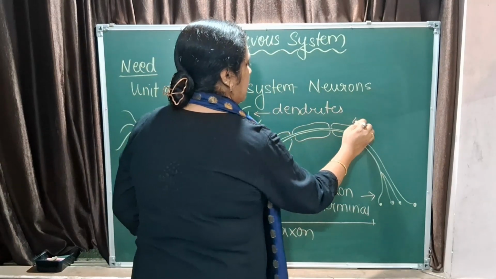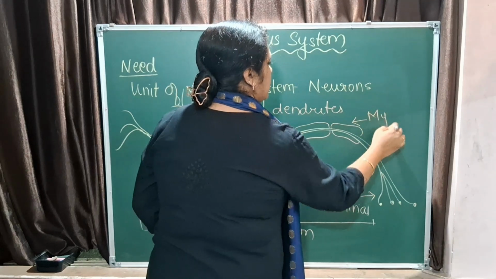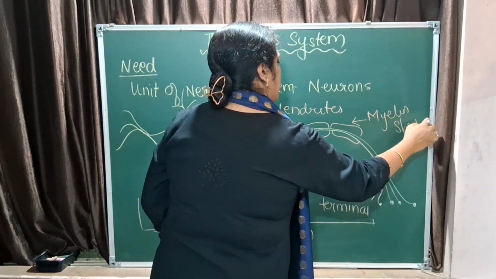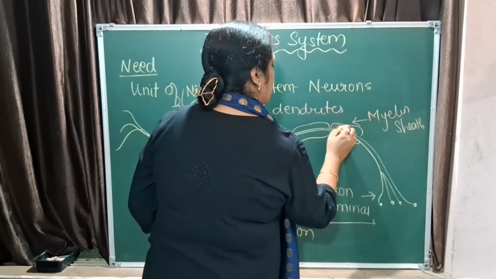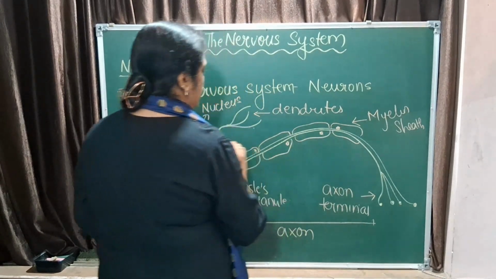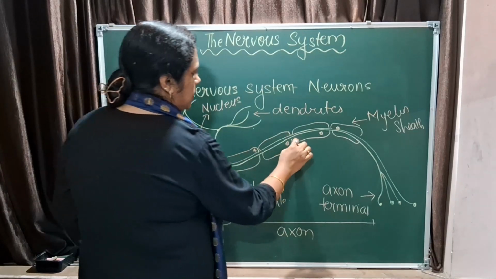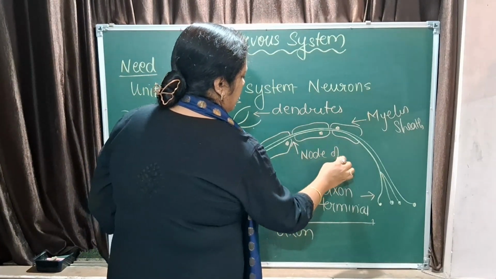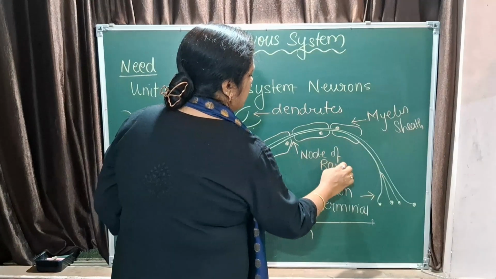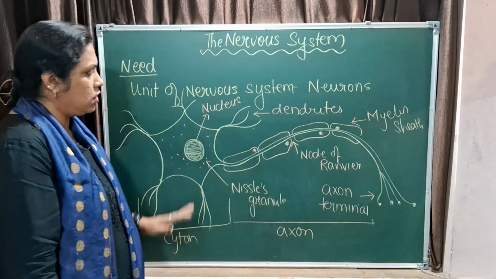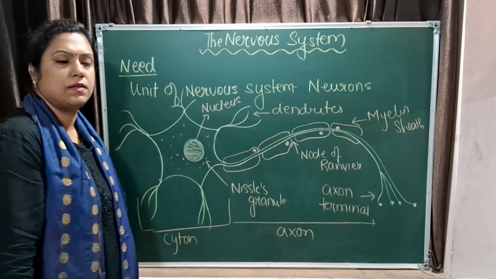These are the myelin sheath. The myelin sheath has the nucleus also, because it is made up of Schwann cells, and cells will have a nucleus. This one is the node of Ranvier. So remember this much, and you will get full marks for the diagram. This is your neuron structure.